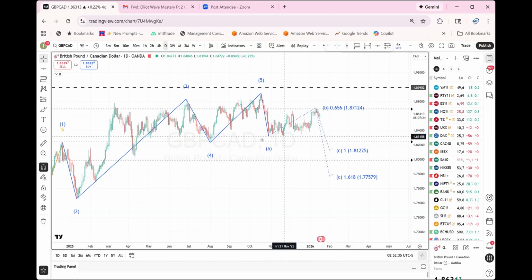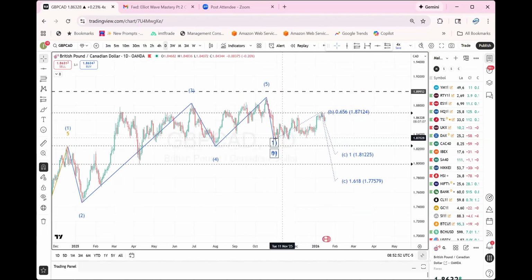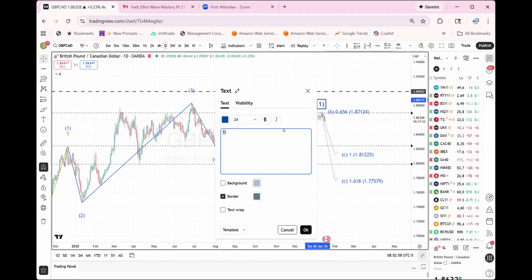So in theory, even though this says ABC, I'm looking at this to be a 1, okay? Then I want this to be a 2, okay?